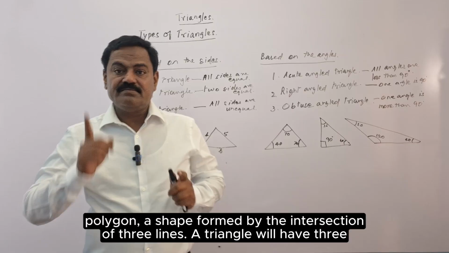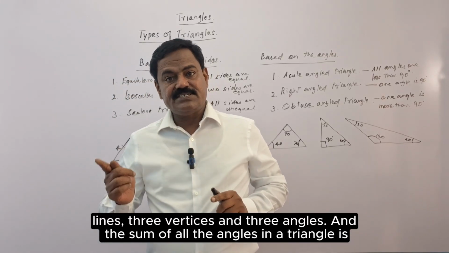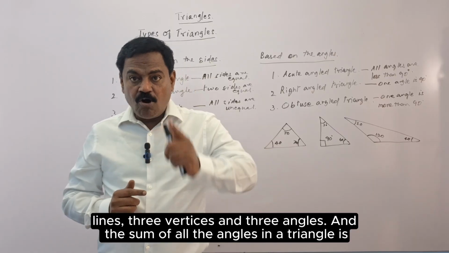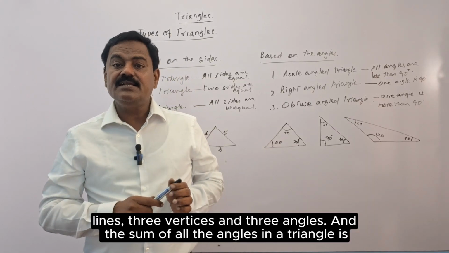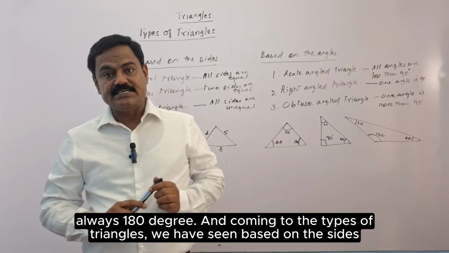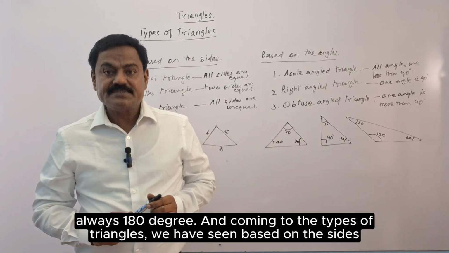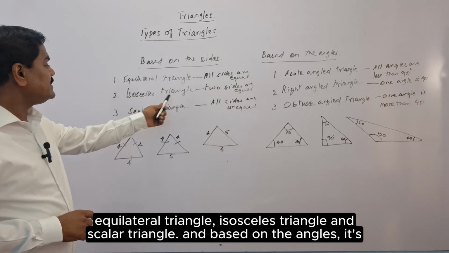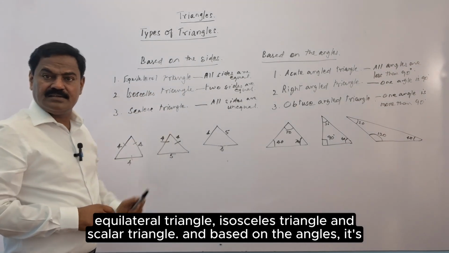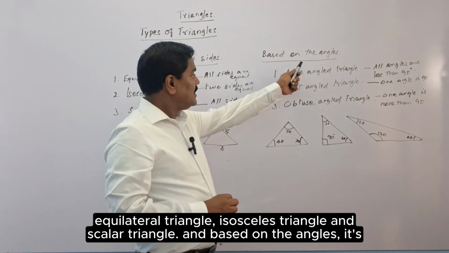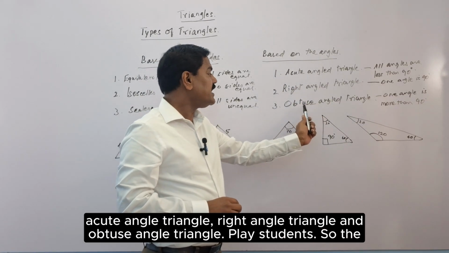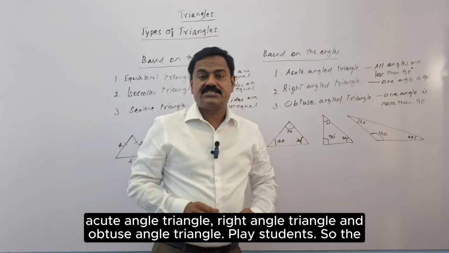A triangle will have three lines, three vertices, and three angles, and the sum of all the angles in a triangle is always 180 degree. Based on the sides: equilateral, isosceles, and scalene triangle. And based on the angles: acute angled, right angled, and obtuse angled triangle.